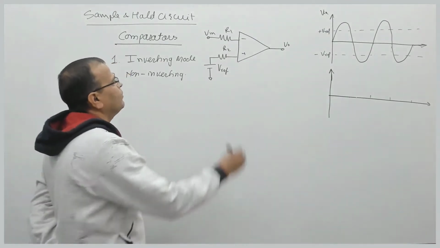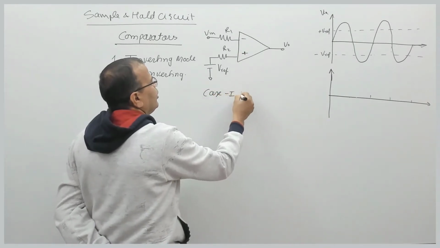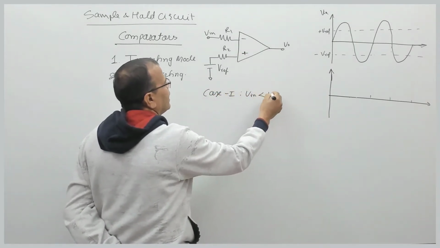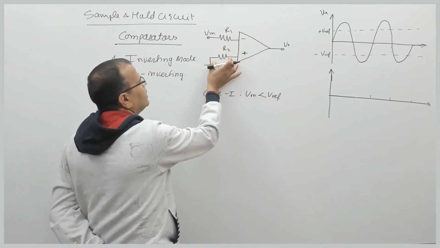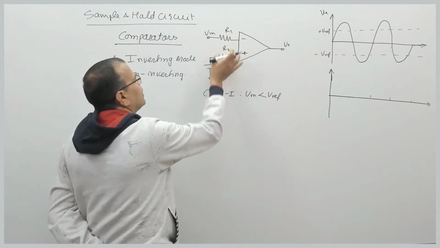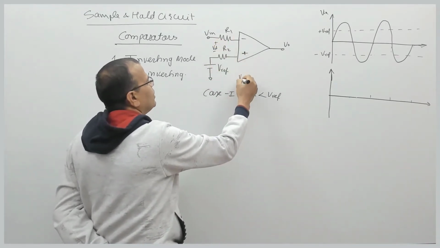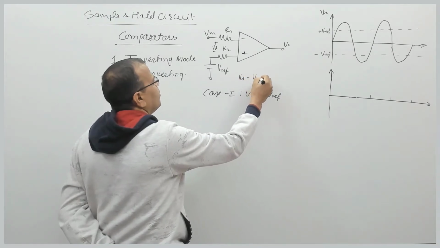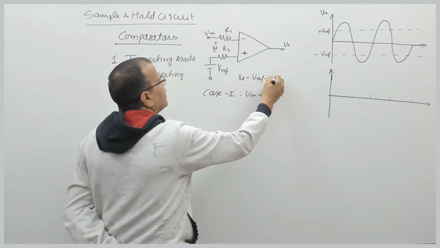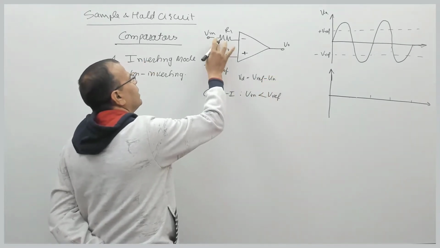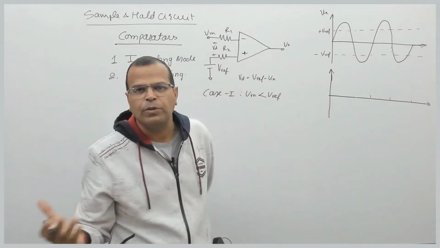So now see it carefully. Case 1, when input voltage is less than reference voltage. When this voltage is less than this, please see carefully, what is the differential input? The differential input is Vd equal to Vref minus Vin, that is the differential input, plus minus, right? So when the differential input is positive, the output voltage is positive.